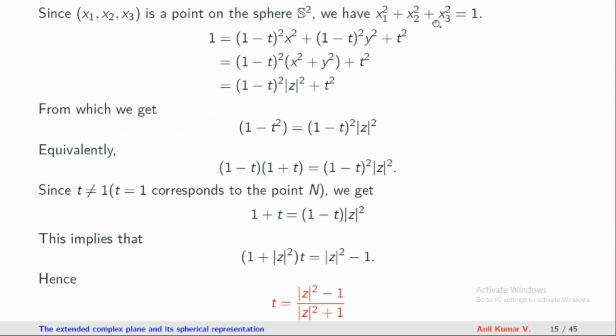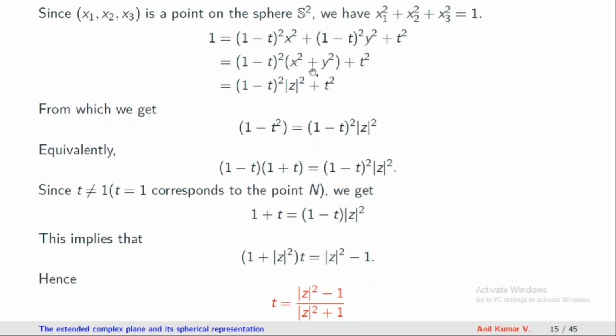So putting these values in this equation, x1 squared plus x2 squared plus x3 squared is equal to 1, we obtain 1 is equal to (1 minus t) squared times x squared plus (1 minus t) squared times y squared plus t squared. So the first two terms can be written as (1 minus t) squared times (x squared plus y squared), and this is the third term.